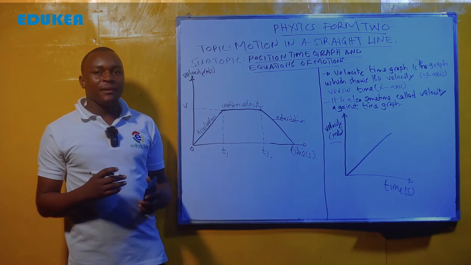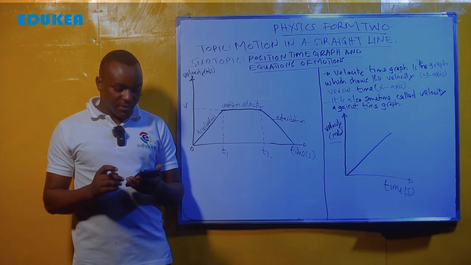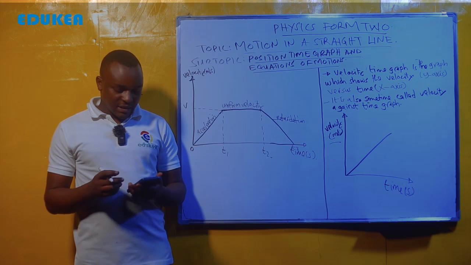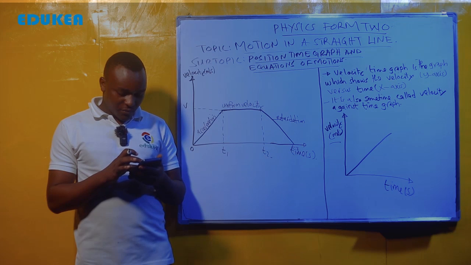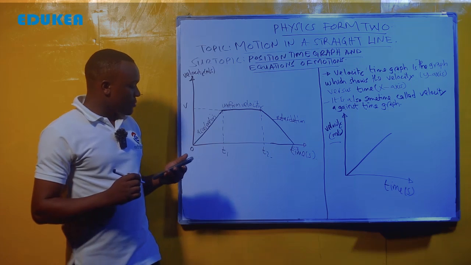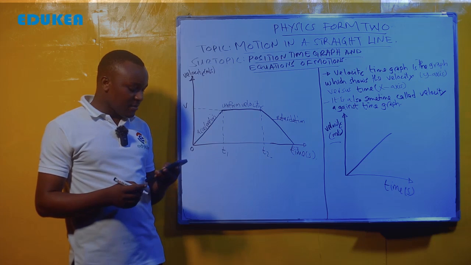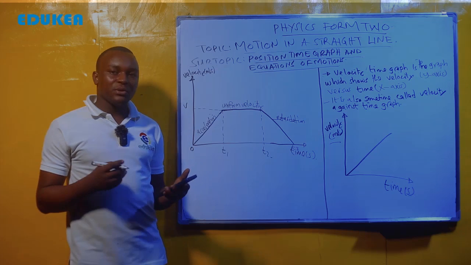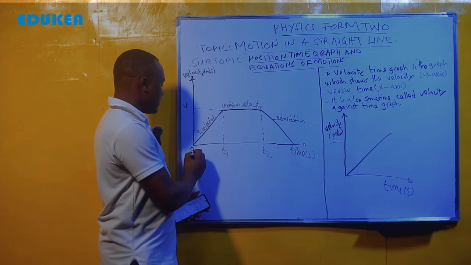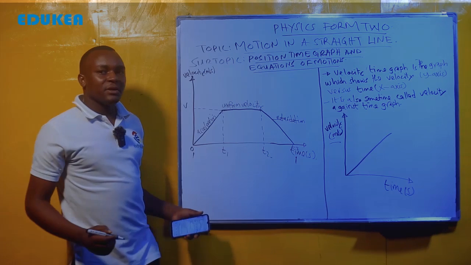So now let's look at some examples which can be explained by using a velocity time graph. In this graph you can be asked to calculate the total distance which has been moved. To calculate the total distance traveled is just to calculate the distance from this point up to this point, the point where the body starts to move up to the point where the body returns to the ground.